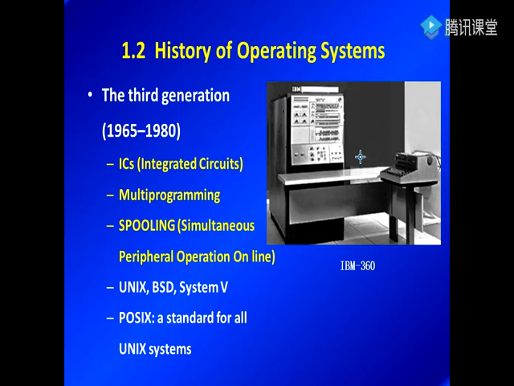In this generation, you can see we have two important technologies which can support the typical operating system. They are called multi-programming and spooling. Also, from the perspective of hardware, this generation of computers are built with ICs, integrated circuits.